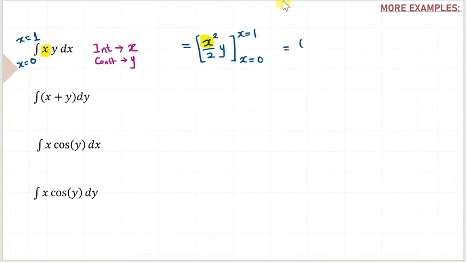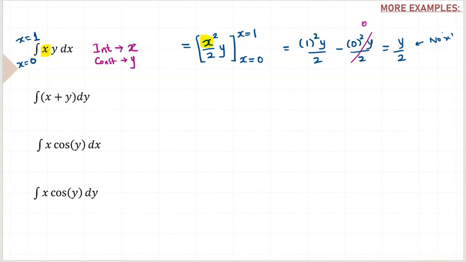So this gives you 1 power 2 y over 2 minus 0 power 2 y over 2. So this second term cancels to 0, giving you the first term as y over 2. So you finish integration with respect to x and you get this answer, and here there is no x.